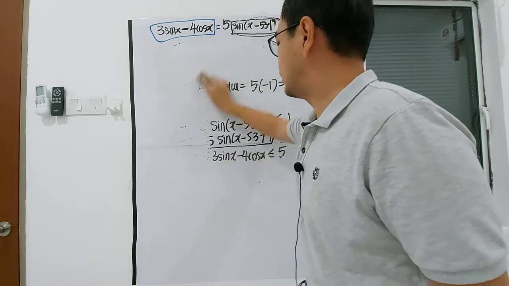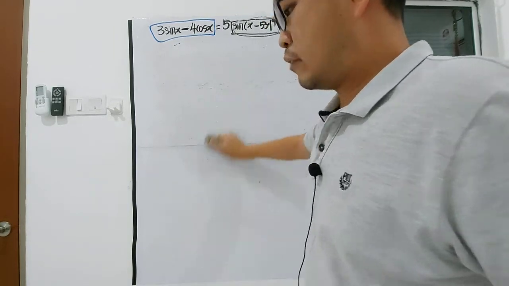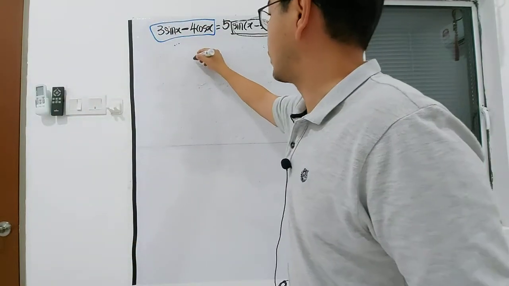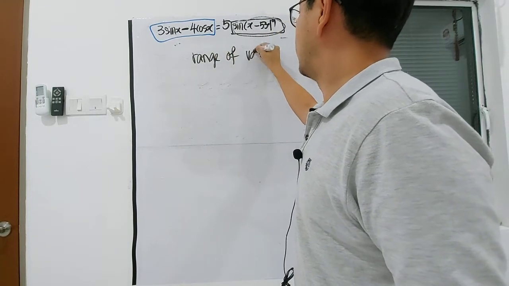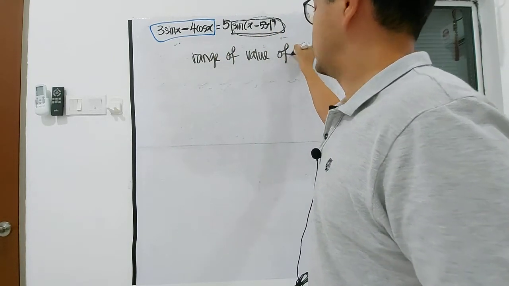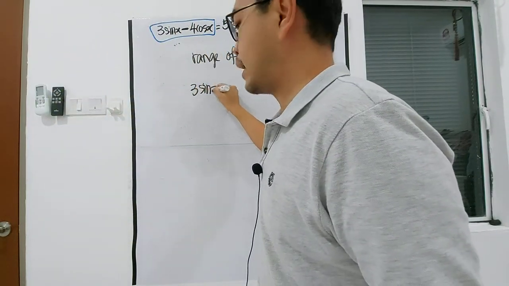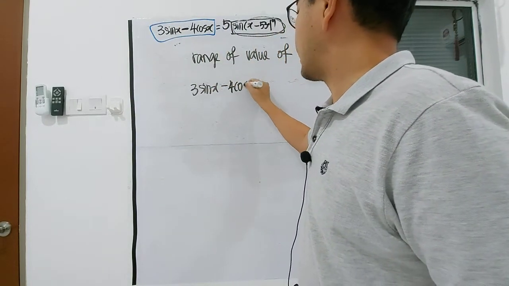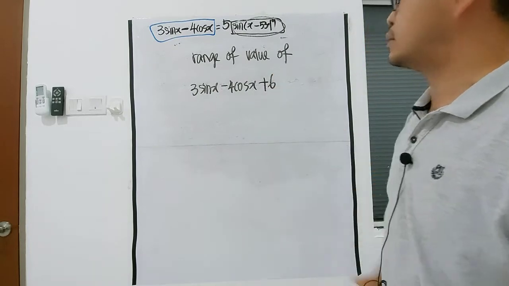Now, for example, if the question asks you to find the range of value of 3 sin x minus 4 cos x plus 6.